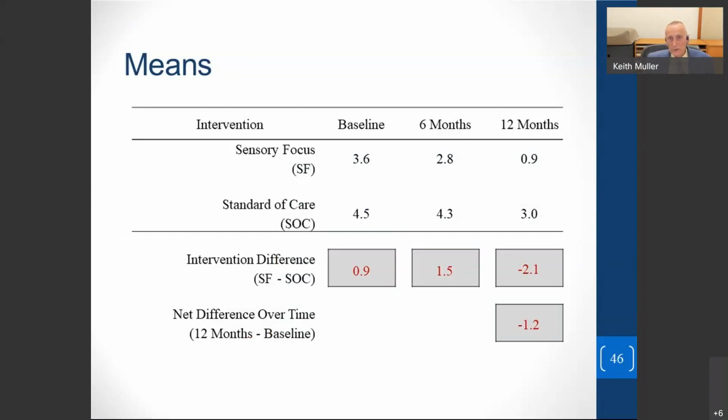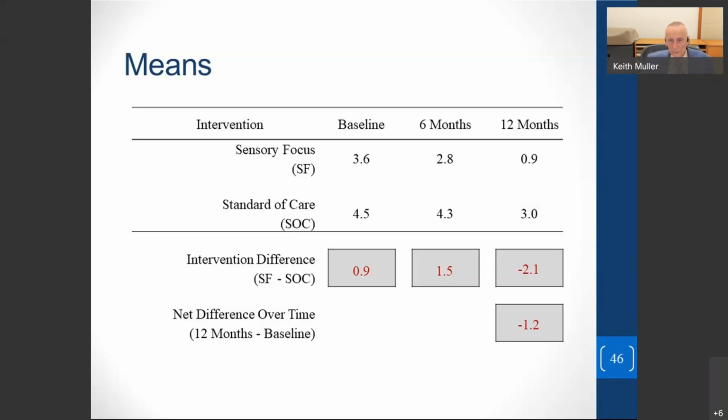And so this is the difference at baseline, and then the hypothesis is that the difference between sensory focus and standard of care goes from negative 0.9 to negative 1.5 to negative 2.1.